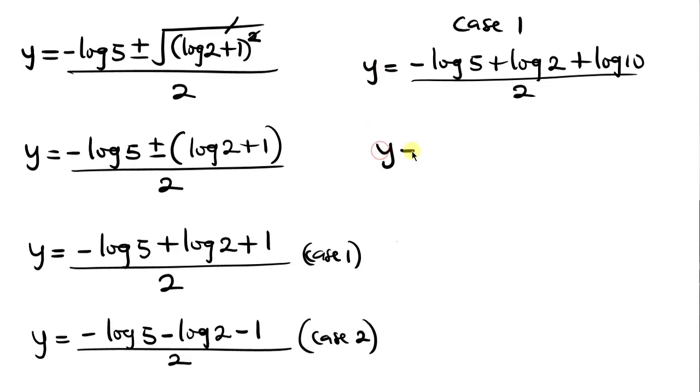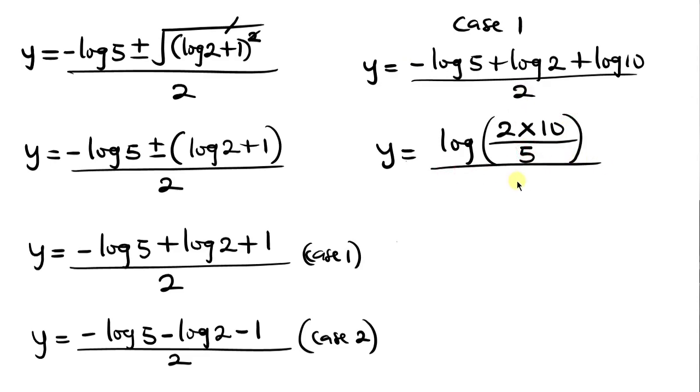So wherever we see addition, we apply multiplication there. So we take the common log outside. Now you see that this and this are multiplying. So this gives 2 times 10. Now divide by 5 because this is minus. Minus associates with division in logarithm. So divide by 5 all over 2.